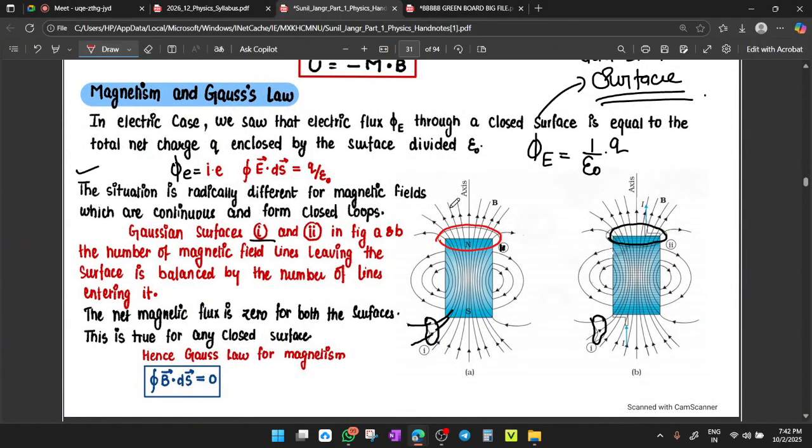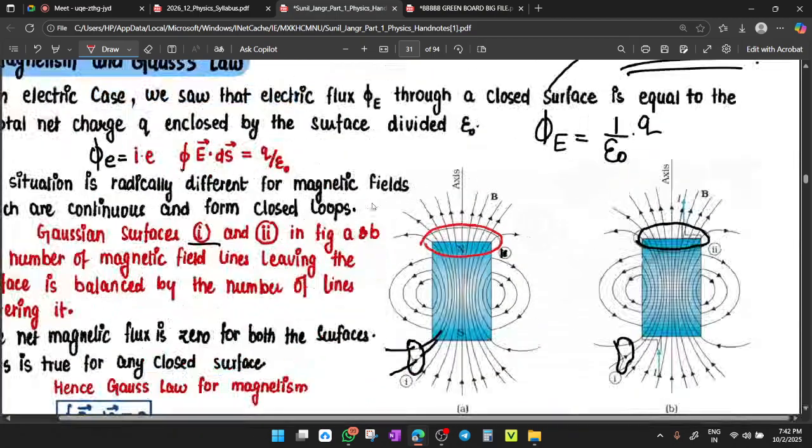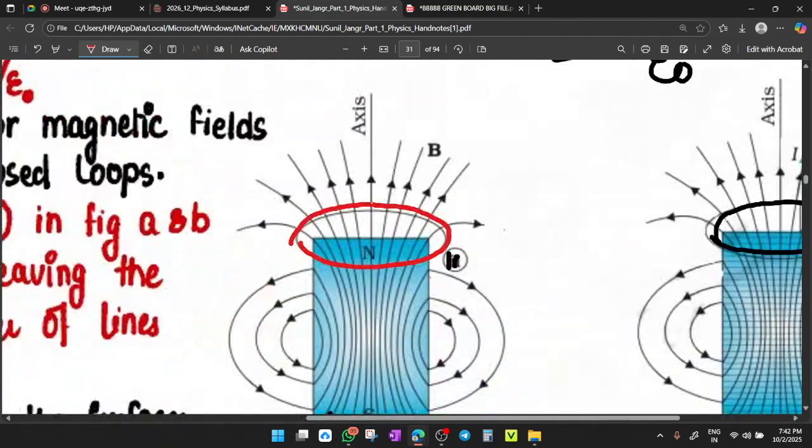Yes. Yes, see here. This is the first line entering, and here it is leaving. Another is entering, again it is leaving. Here it is entering, then it is leaving from the surface. Entering and leaving.